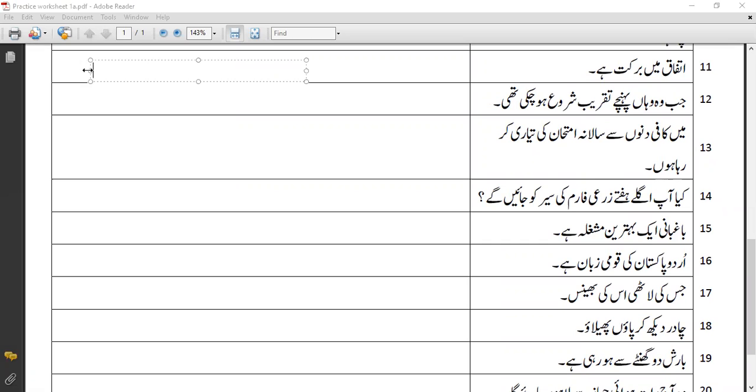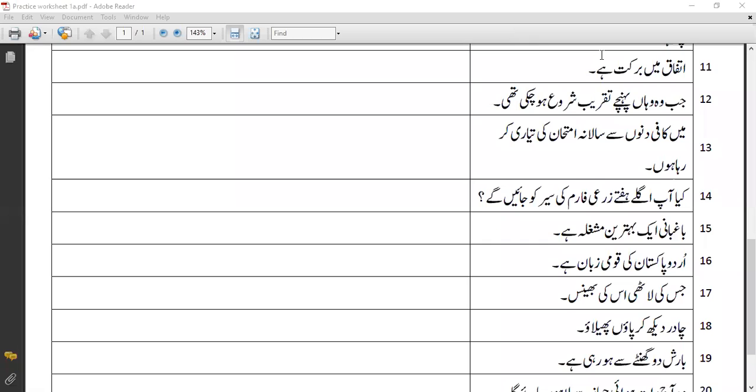इत्तफाक में बरकत है. Now again, such kind of sentences, as I told you, if there are idioms, phrases, sayings, proverbs, you need to find the English version of the proverb or the idiom. Now for this, the famous one is unity is strength. Okay, and the next one, we'll resume it.